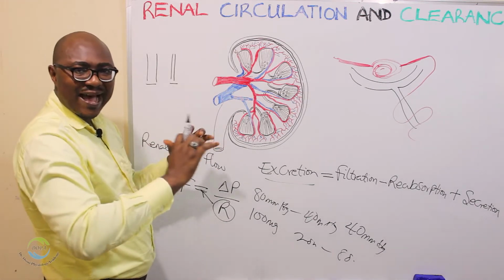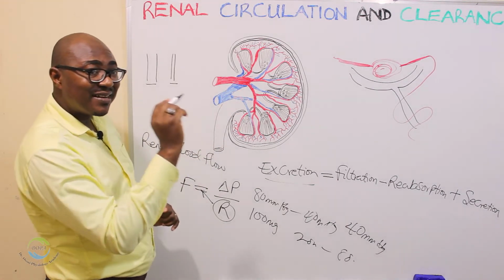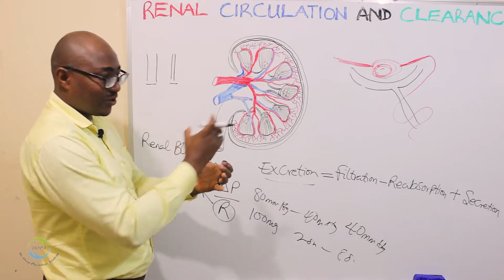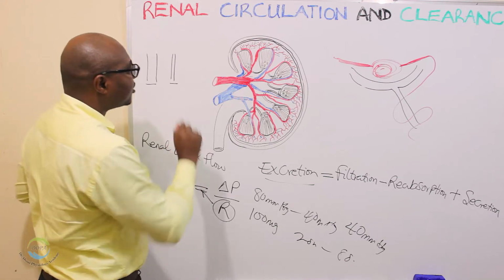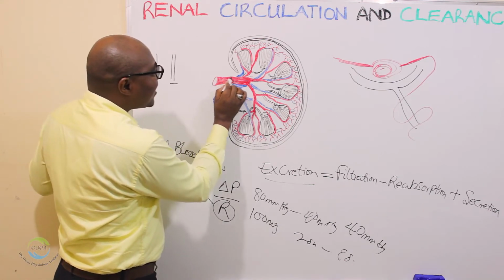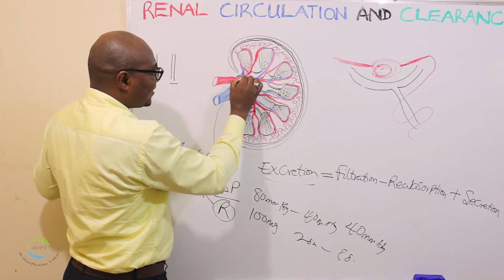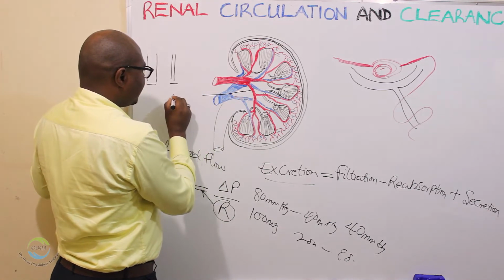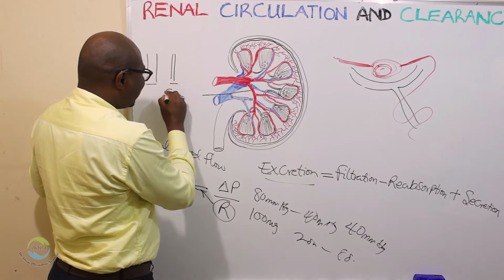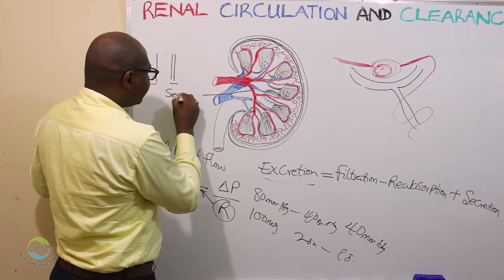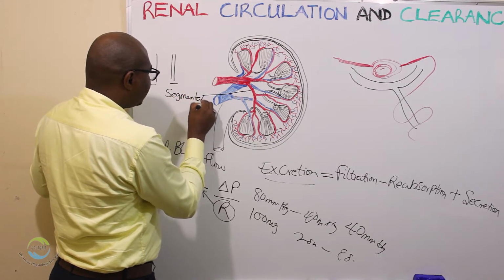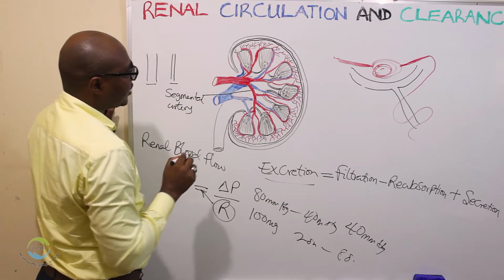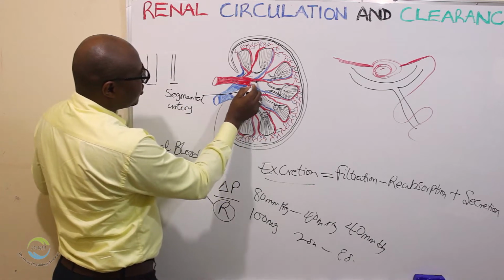That means there's high pressure there, which we said before favors filtration, because it leads to a high hydrostatic pressure. So this renal artery now branches. This branch here is called the segmental artery. So when it branches, this is also a segmental artery.